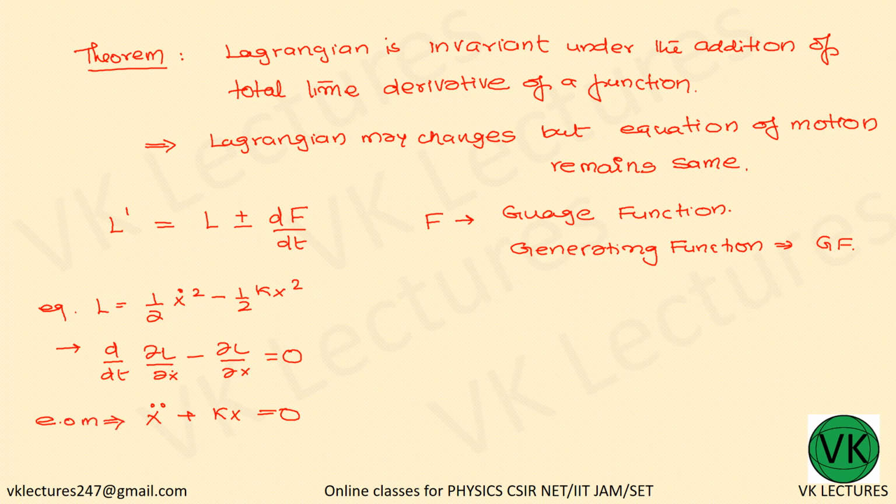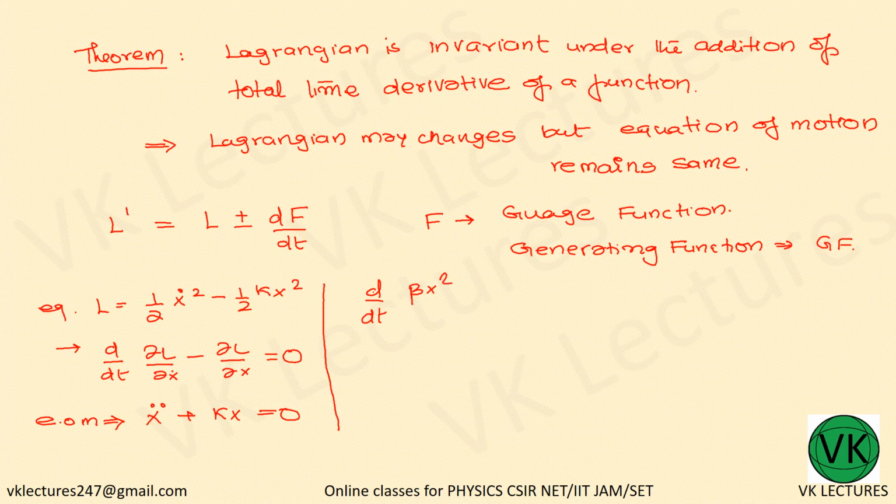Now once we have this equation of motion, we are going to add the total time derivative of some function. That is, let me find d by dt of beta x square.